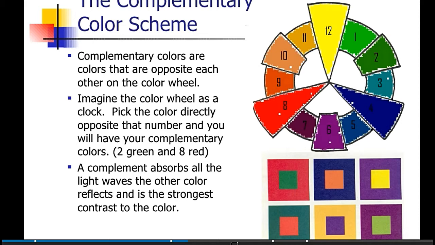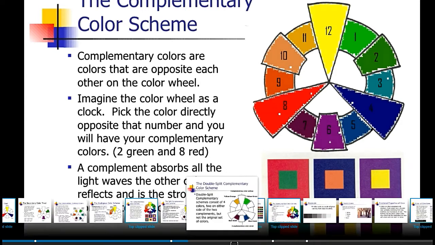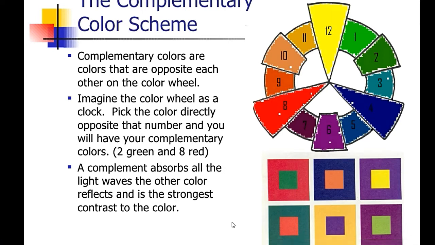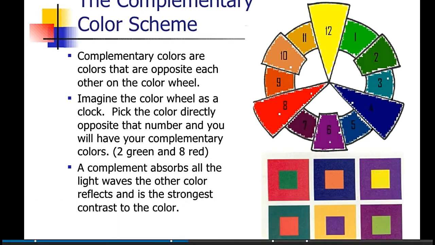Number 2 green right here. Green and red equals complementary, meaning colors that are directly opposite in the color wheel are complementary colors. A complement absorbs all the light waves the other color reflects and is the strongest contrast to the color.